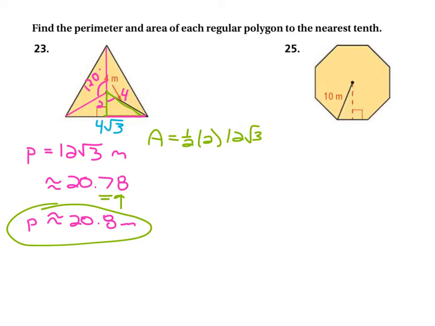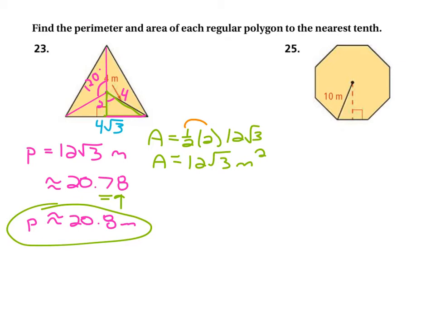And then notice this. The 2 times 1/2 right here is 1, and 1 times 12 root 3 then becomes 12 root 3 meters squared. That's exactly what the area is.